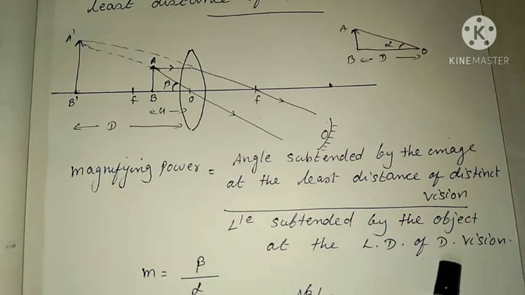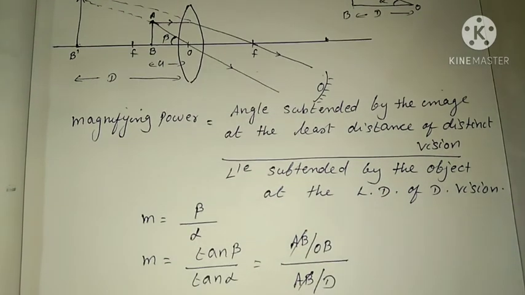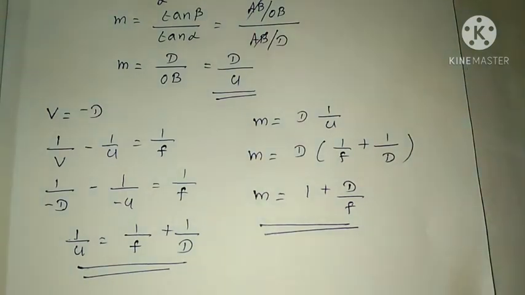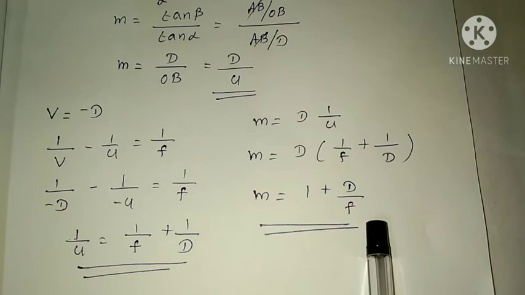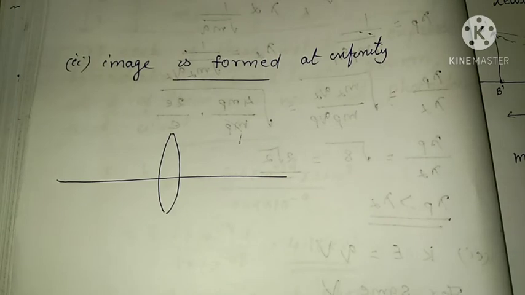It is the angle subtended by the image at the least distance of distinct vision to the angle subtended by the object at the least distance of distinct vision. So what is the magnification of the simple microscope when the image is at the least distance of distinct vision? That is M equal to 1 plus D by F. Clear? Now the second case is when the image is formed at infinity and the object is at the least distance of distinct vision.